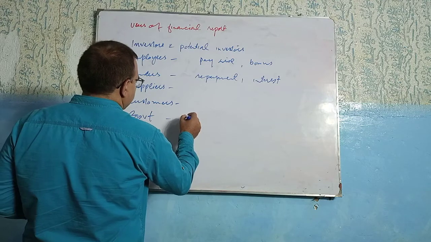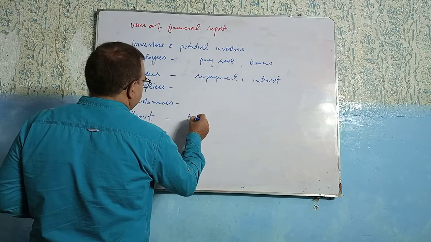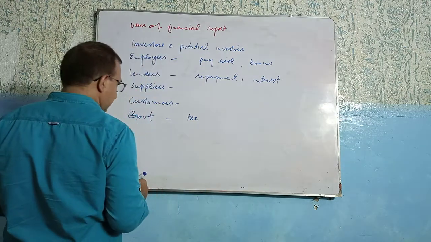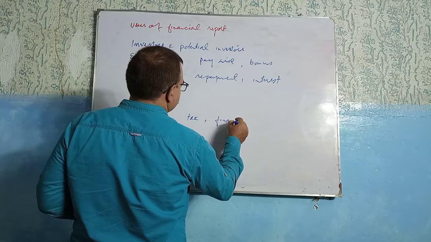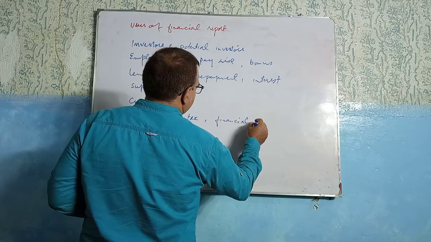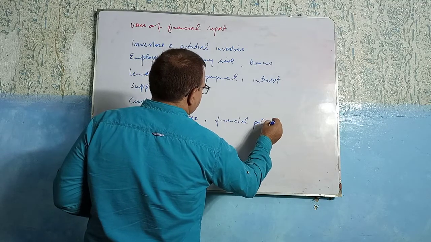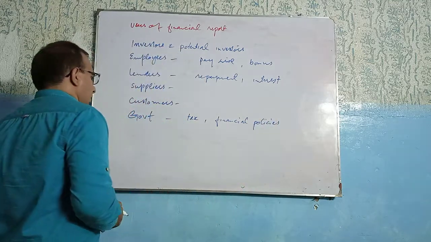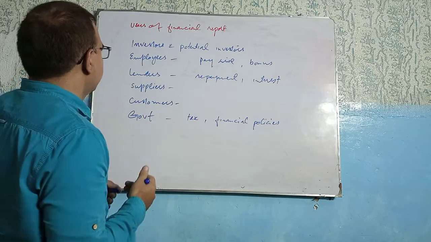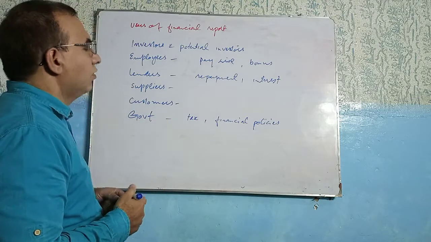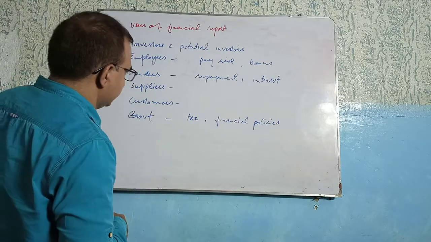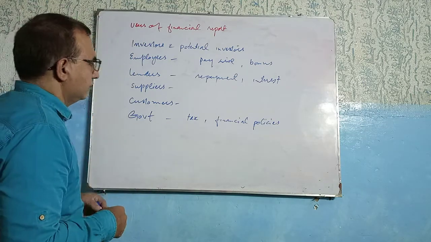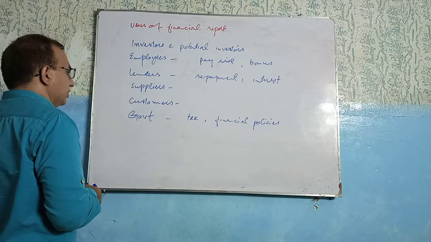So basically, they estimate tax and financial policies. Based on these financials for the year, at least for the big companies, if they see a couple of financial statements, they can see what kind of policies they need to make.